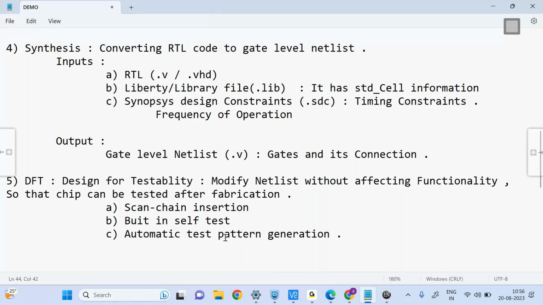They slightly modify the netlist. These have to be inserted inside the netlist so that the chip is easily testable after fabrication.